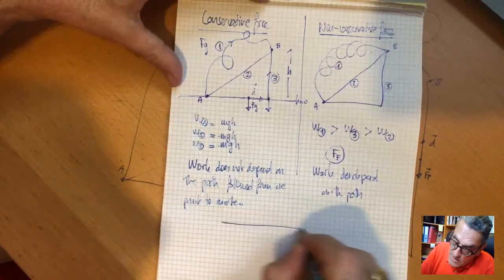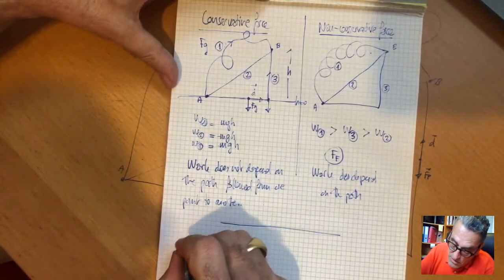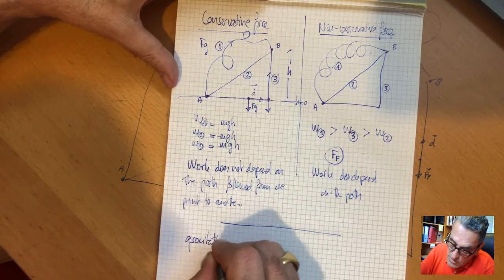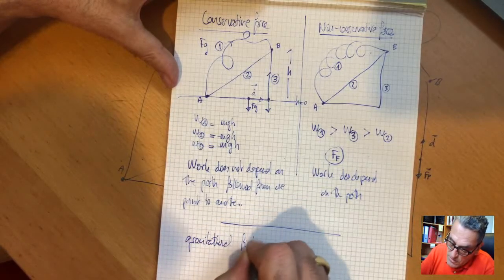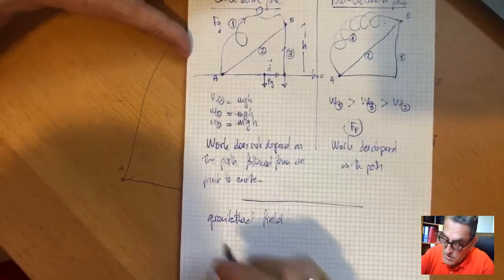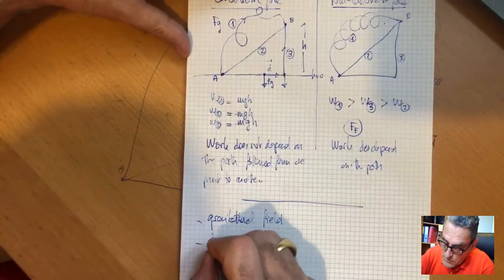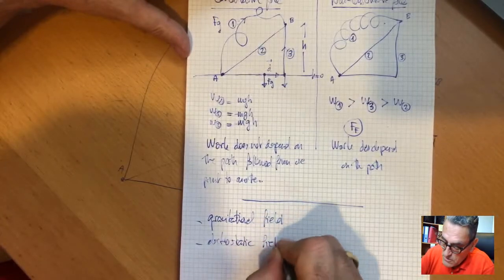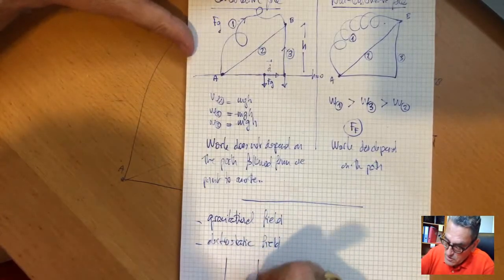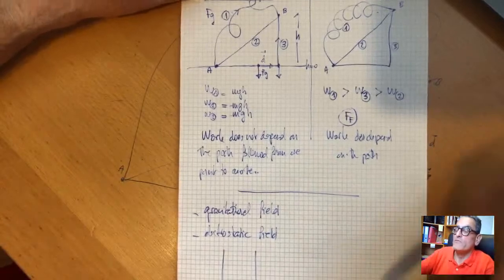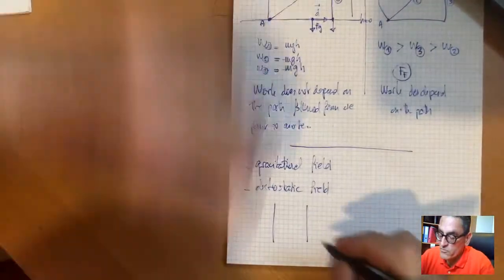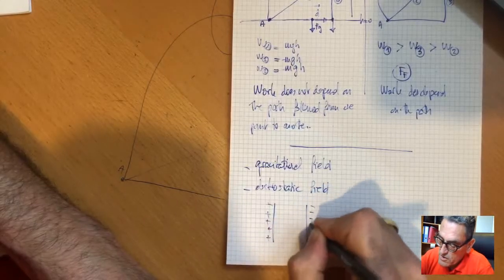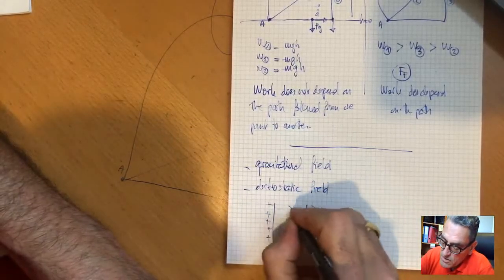So the best examples for the conservative case are the gravitational field, which I already said, but there is another example, which is the electrostatic field. Let's go back to the example of the capacitor that we discussed before. We have a capacitor, with plus charges on one side, minus charges on the other side.